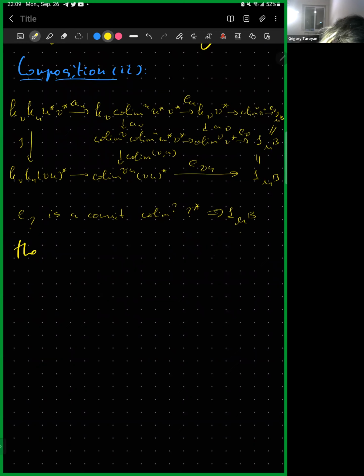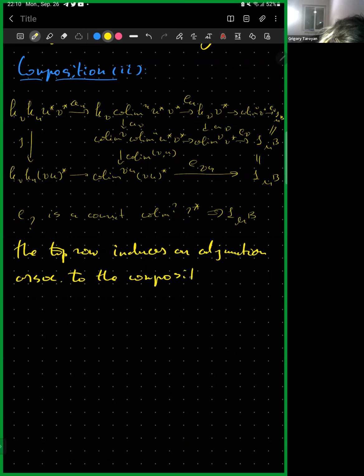the top row induces an adjunction associated to the composition. So we go from the composition of two deformations and two induced diagram functors. And the bottom row induces the counit of the adjunction which comes from the composition.